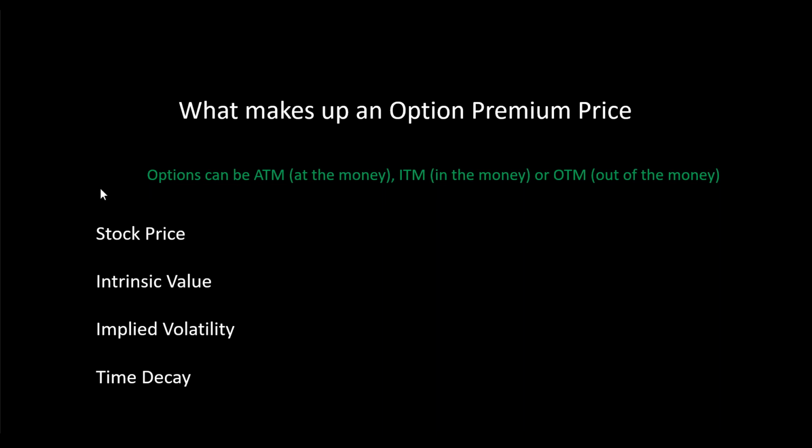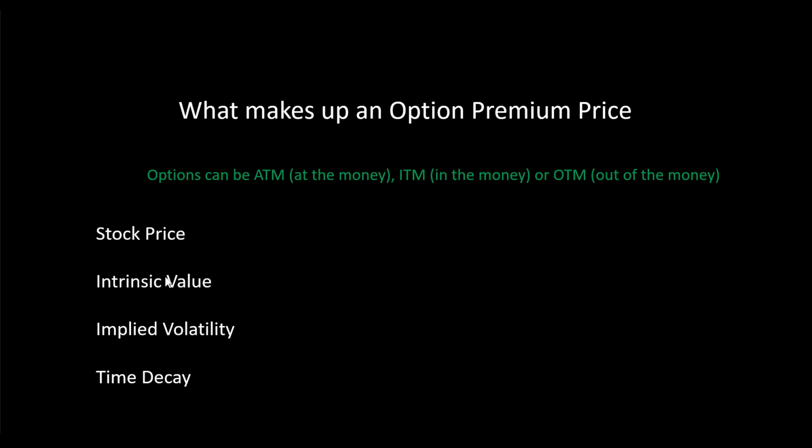So what makes up the option premium price? When you pay for an option, what's it include? Obviously, it's going to include the stock price. So again, back to Microsoft trading at $100. If I buy a $95 call in Microsoft and the stock's trading at 100, that call has some value, right? It's got what's called intrinsic value.